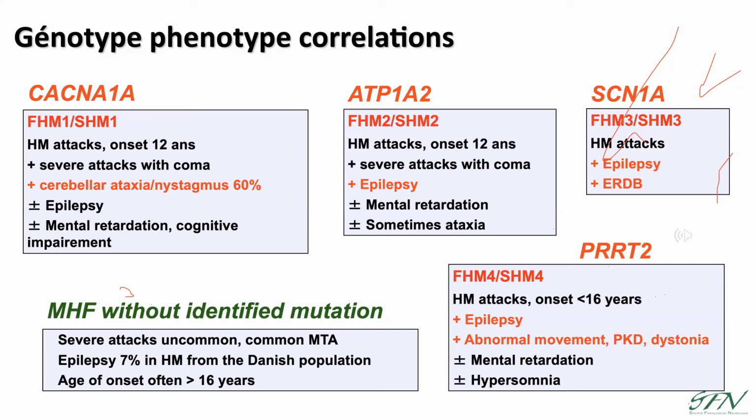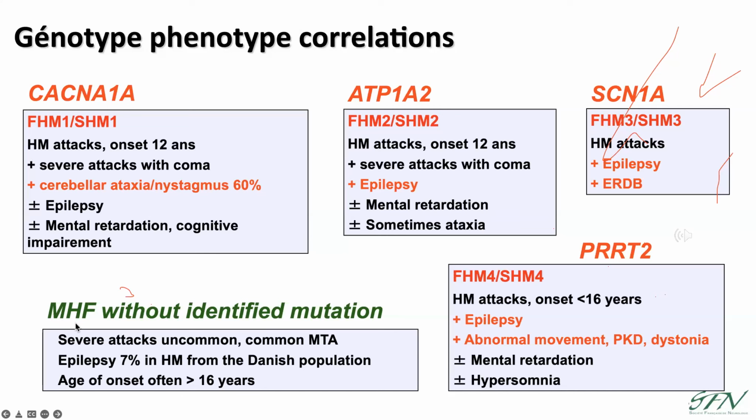These are patients who, if they try, for example, to run, then sometimes, not always, can have an abnormal movement of the legs triggered by the movement, which lasts a few minutes and impairs the movement. And people with PRRT2 mutations can also have hypersomnia and also mental retardation.